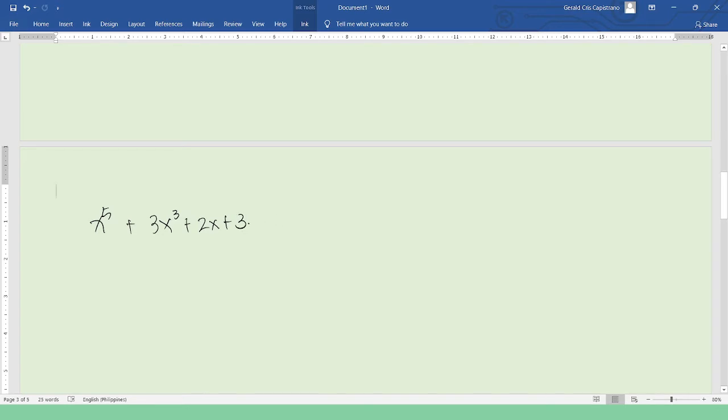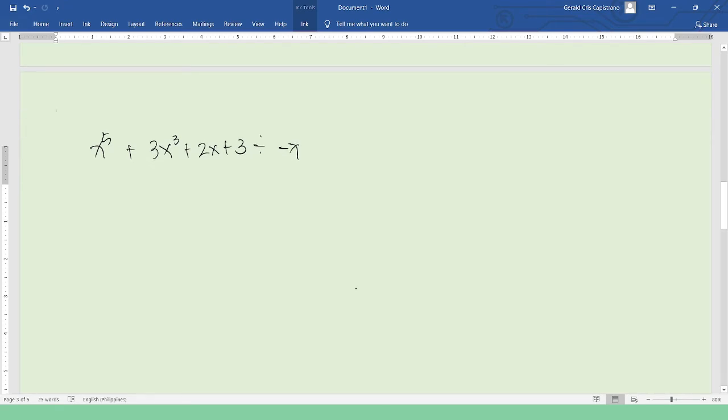Okay? Let's divide this by, sige, negative x. Ayan. Para magkaroon naman tayong variation dun sa ano.